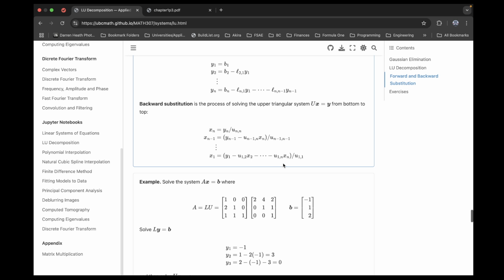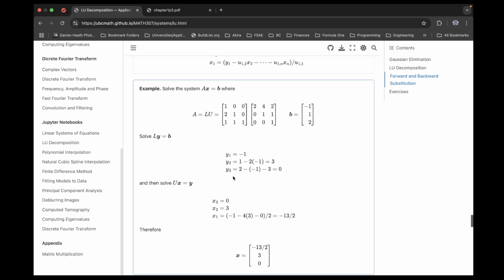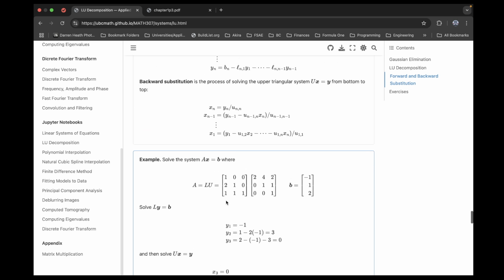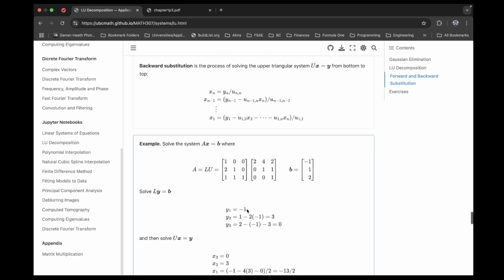Now we solve Ux equals y, so xn equals yn over un,n. So we got y3, so x3 is going to equal y3, which is 0.